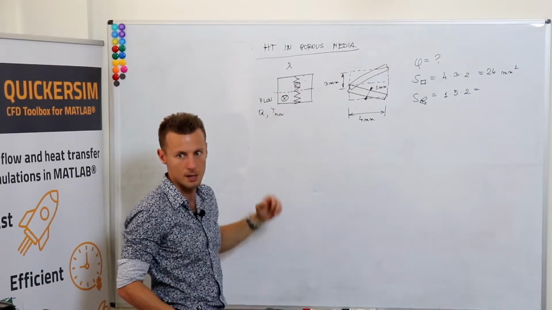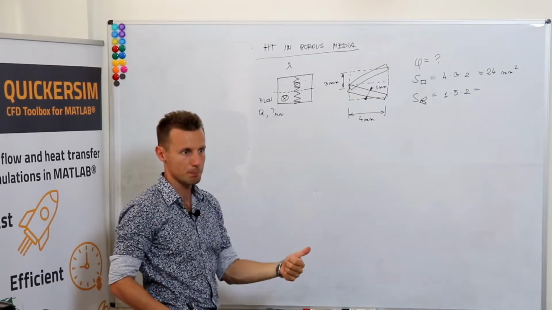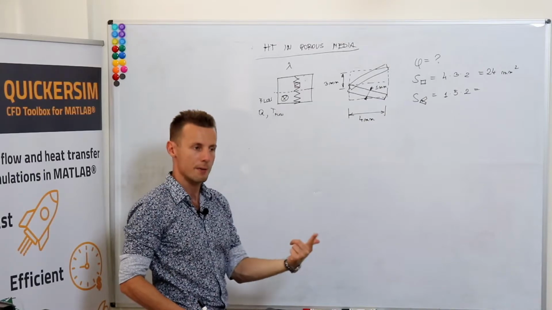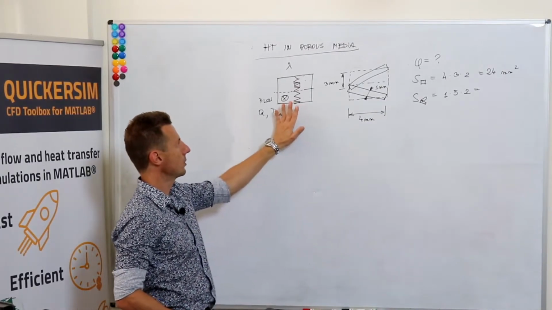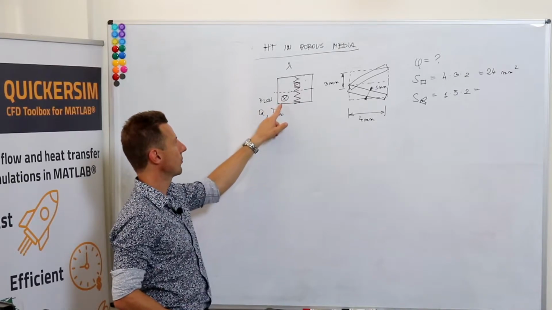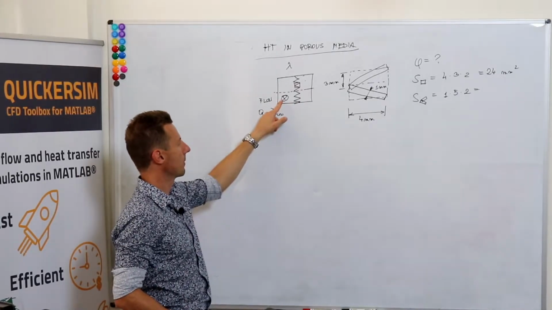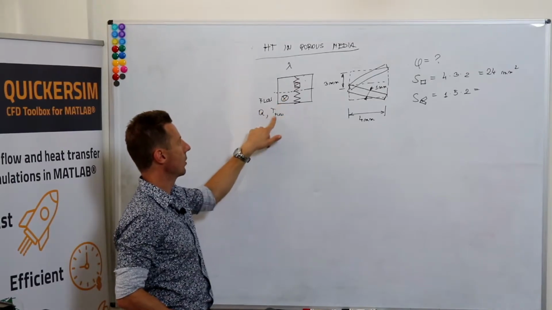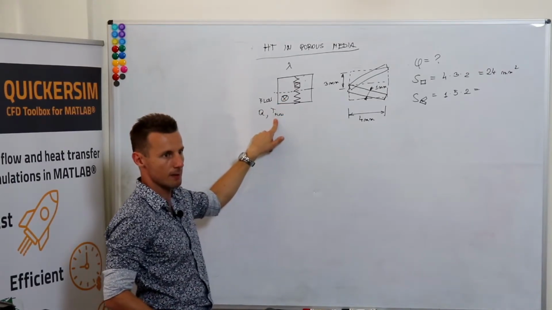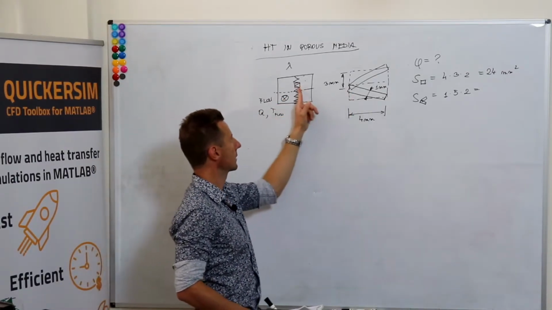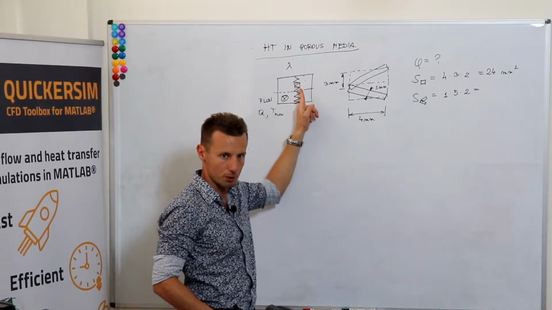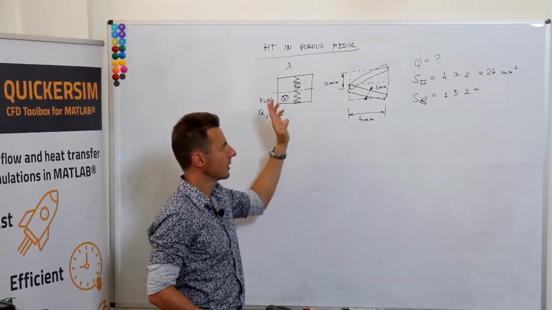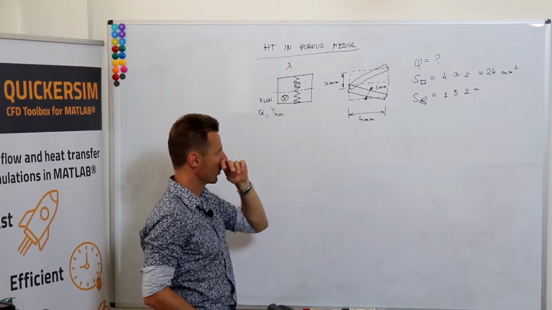It will conduct heat differently. That's the first part of the example. The second part of the example is that we need to account for heat transfer between this flow with temperature T and some local temperature of the fins at the given point in the geometry. So these are the two things that we want to do.